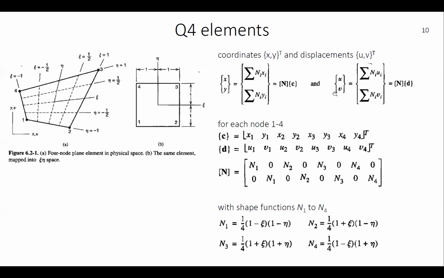And we do the same concept for the displacement field. So we have the coordinates c and the displacement d, which are described by these vectors, x1, y1, etc., u1, v1, u2, v2, etc. And as was shown in previous lecture, the shape function matrix, which is now a matrix, can be arranged in the following way.